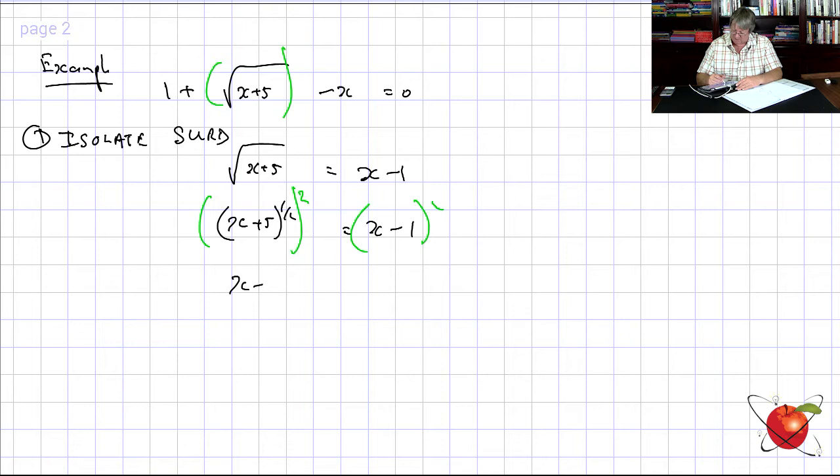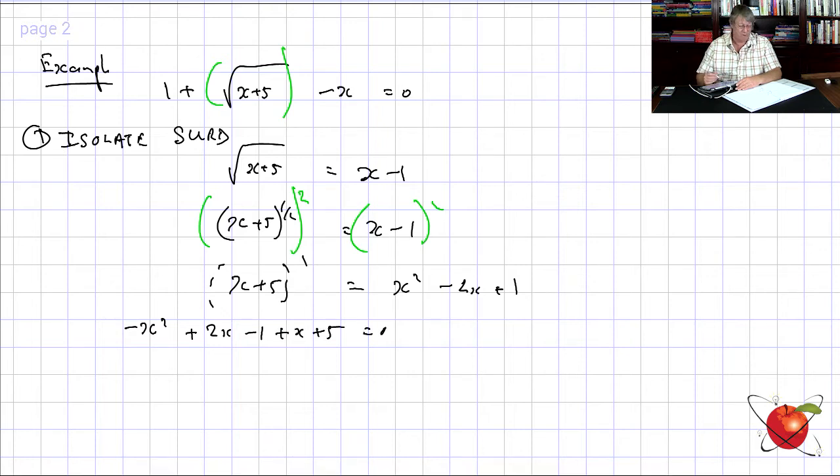That makes x plus 5 equal to x squared minus 2x plus 1. Bring it across and we get minus x squared plus 2x minus 1 plus x plus 5 equals 0.